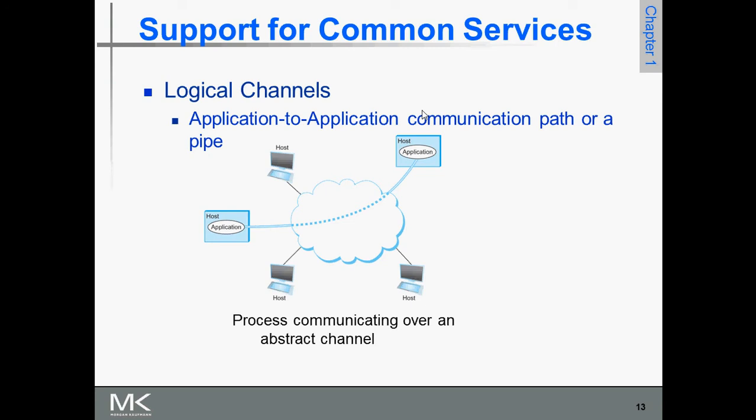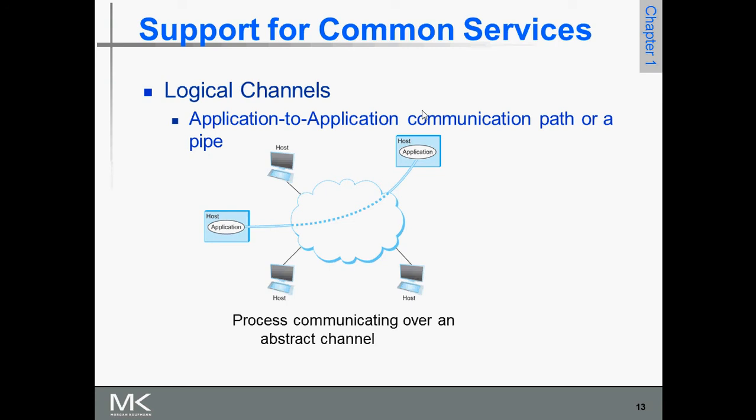Another technique is writing the send module and the receive module, and simply integrating this send and receive module in the next application will solve the purpose. So that is called support for common services.